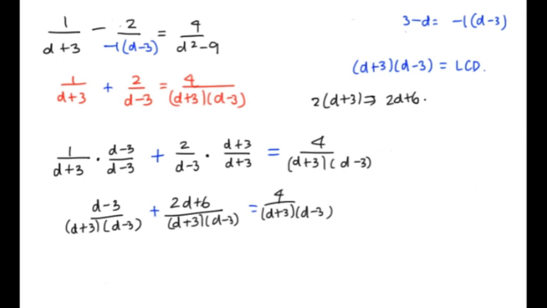Pretty massive numerator, but look what happens. We can just cross all that out right there. Boom, magic. And now we're only left with the numerator. So what is that numerator?